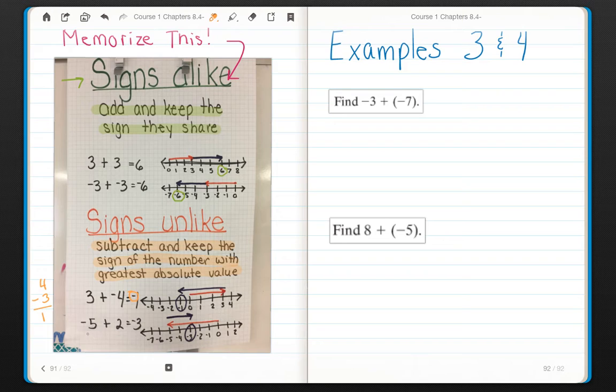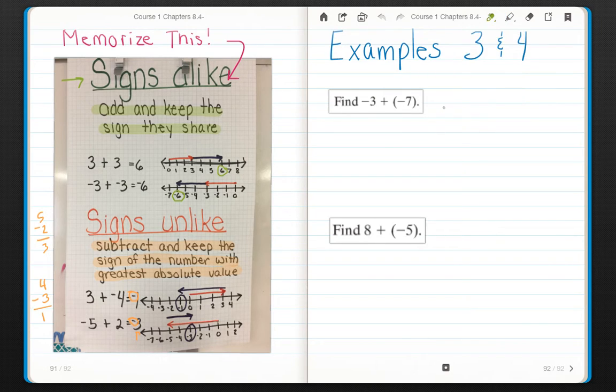Same thing here with negative 5 plus 2. 5 minus 2 equals 3. That's where the 3 comes from. But negative 5 has a greater absolute value than 2, so we keep the negative sign. Let's take a look at examples 3 and 4 and put these into practice.